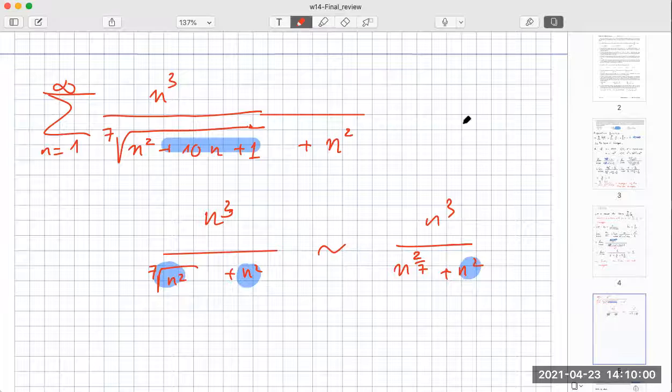That is why when we compare, we should compare with the series n cubed over n squared, which is clearly n, and n is a number getting larger and larger. So we know that these two are both convergent or both divergent.